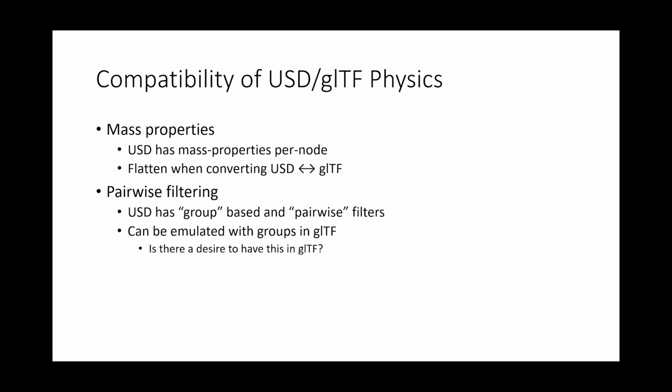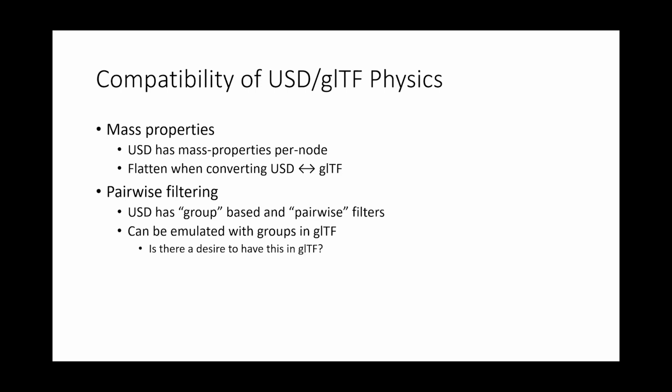I see it as, because of the way that USD scenes and stages get composed, you want to be able to, in your parent scene, explicitly prohibit collisions between certain pairs, where each individual scene doesn't have any context of the other. It isn't aware of the other, but the parent scene does.